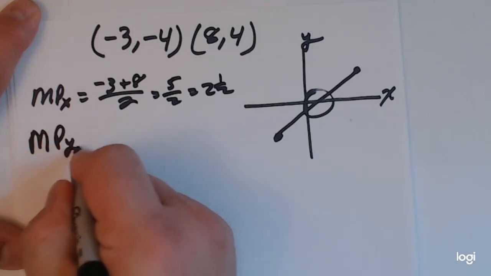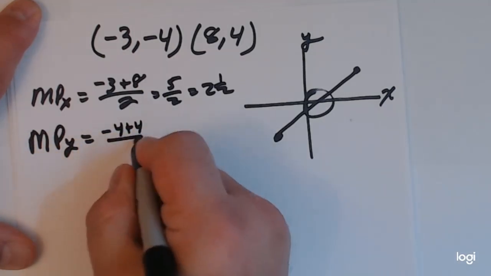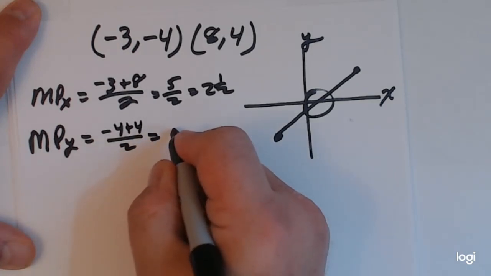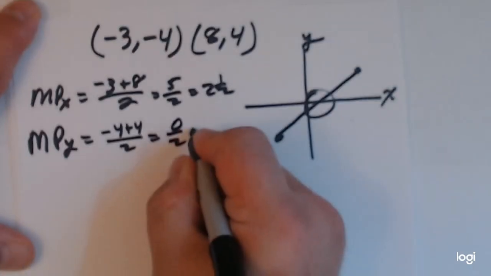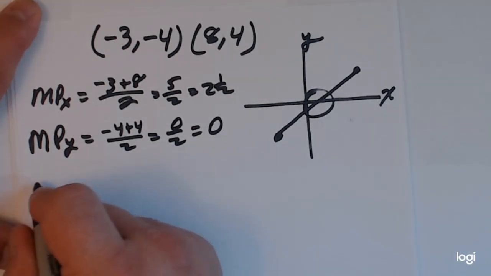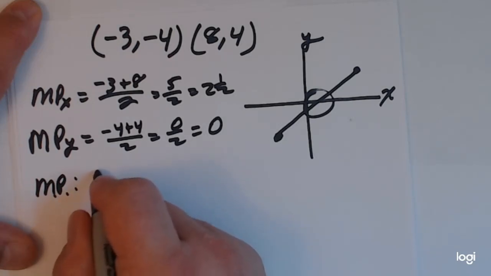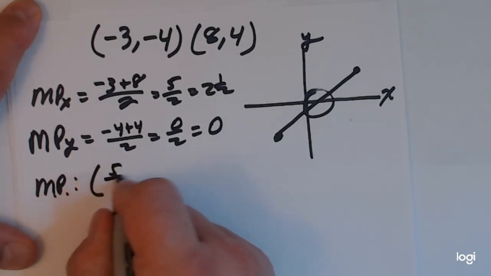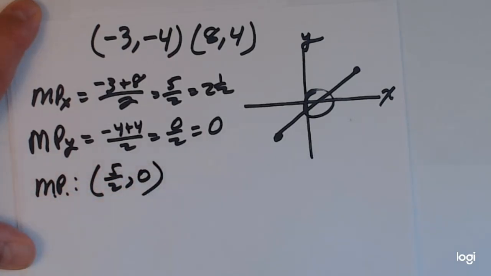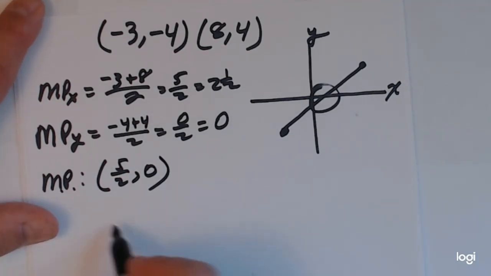The midpoint of y is -4 plus 4 over 2, which is 0 over 2, which is 0. So the midpoint is 5/2, 0. All right.